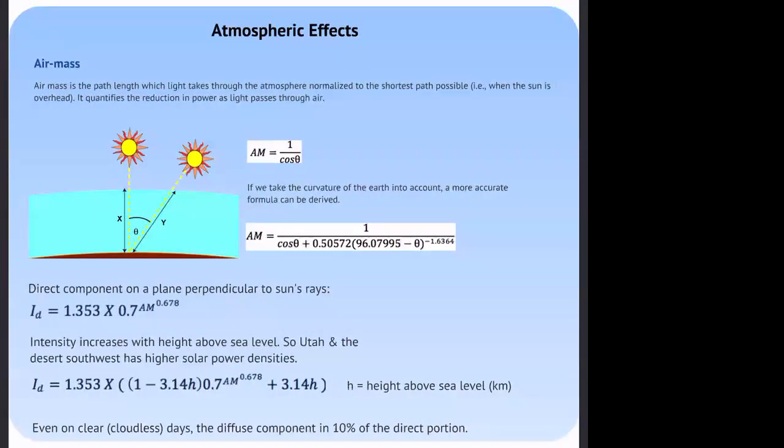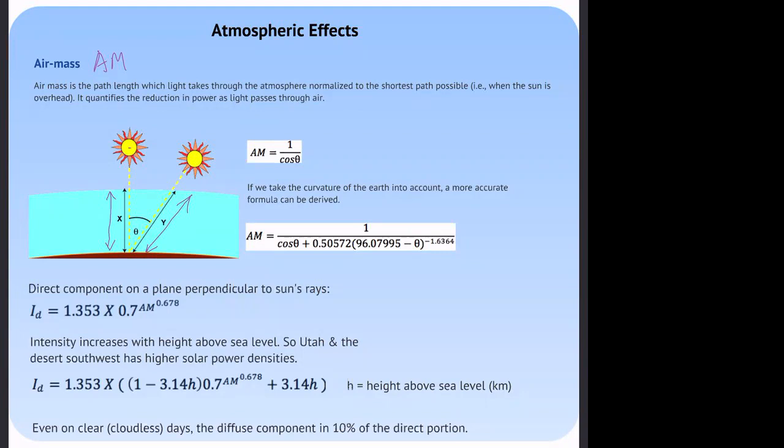Atmospheric effects are related to something we just talked about, air mass, or AM, which is the amount of mass of the air through which the light has to pass. So for instance, when the sun is directly overhead, it passes through less air, as opposed to when it's slanted, right? You can see very clearly. And the air mass is defined by 1 over the cosine of the angle with respect to the vertical.